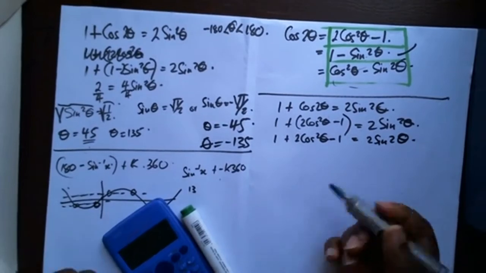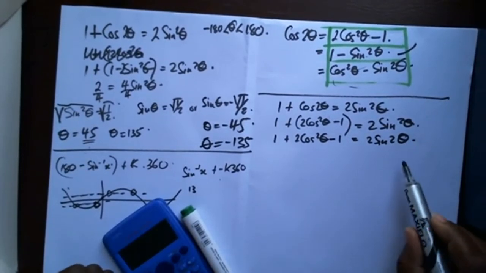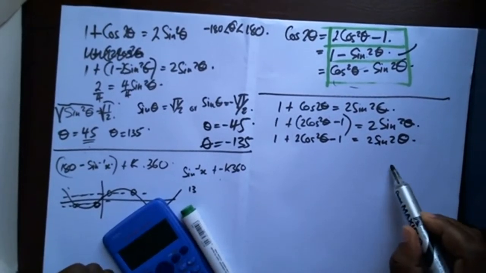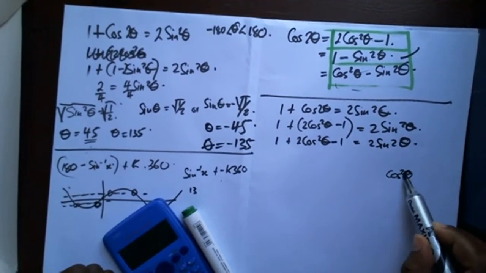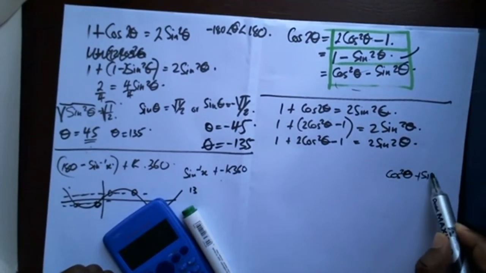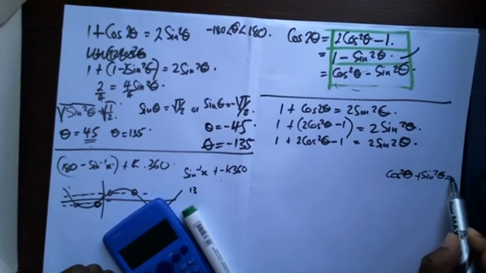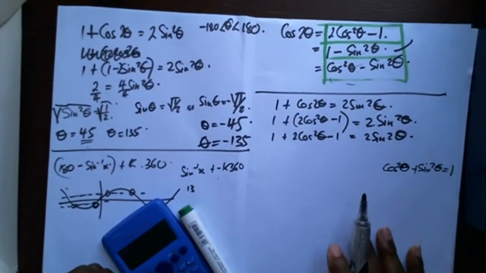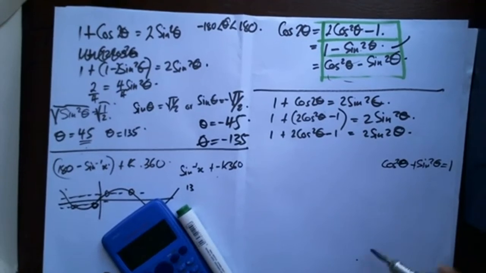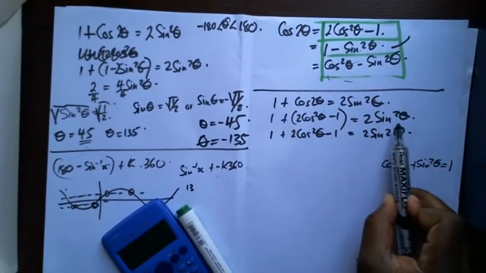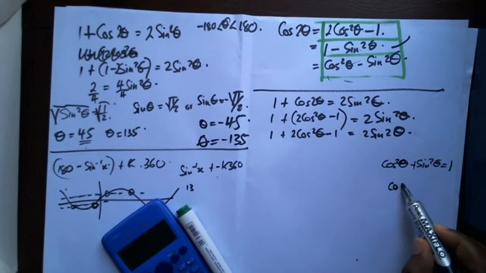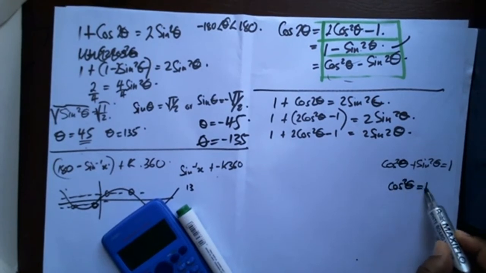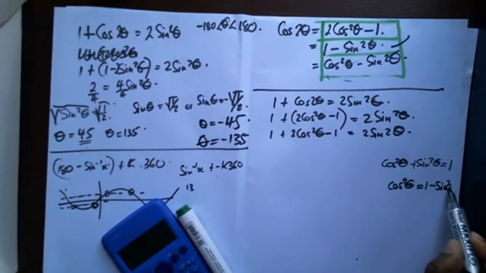But remember, we have an identity as well, which says that cos squared theta plus sine squared theta is equal to 1. That's a common identity. So I can now change this one to sine by saying cos 2 theta is equal to 1 minus 2 sine squared theta.